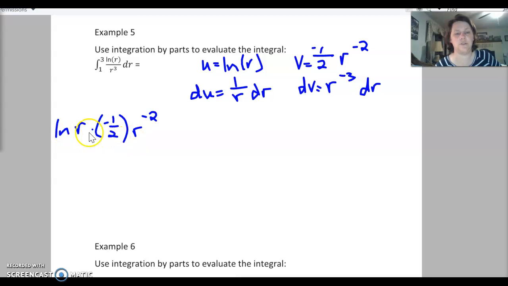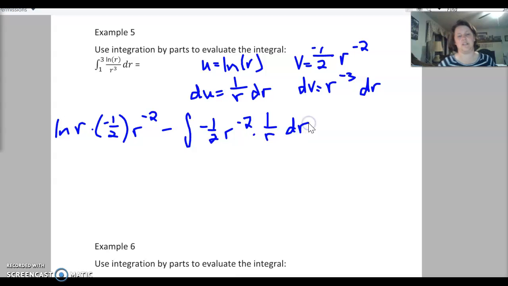So that's uv, minus the integral of v du, so negative 1/2 r to the negative 2, times du, which is 1 over r dr. Okay, so lots of fixing we can do on this one.